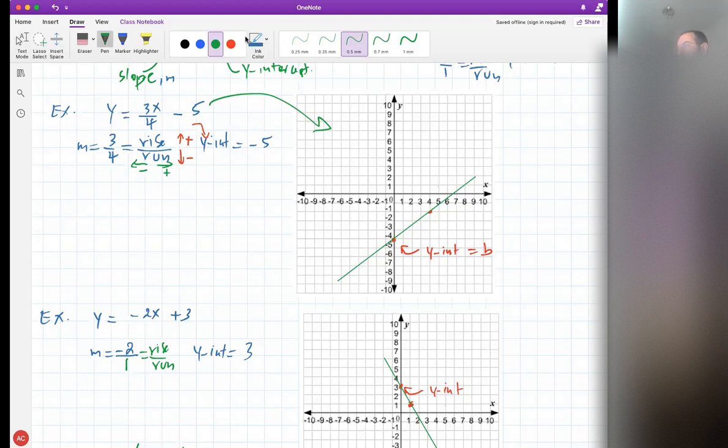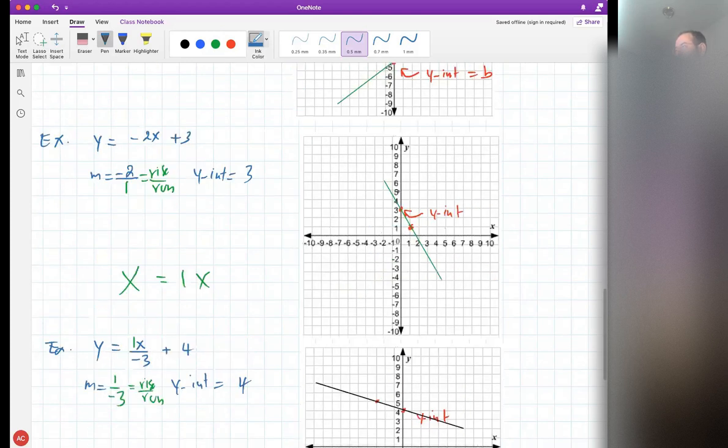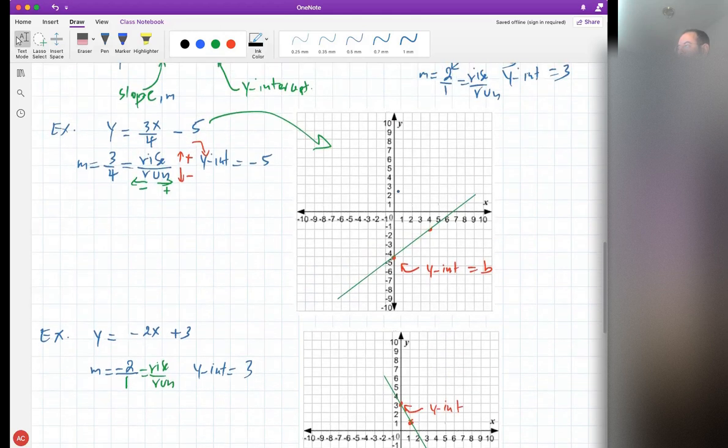So from here again, the first one, we start from -5. We went up 3. So that's the rise. Then went to the right. Basically we went up vertically like that, 3 units. So this is a rise. Thank you.